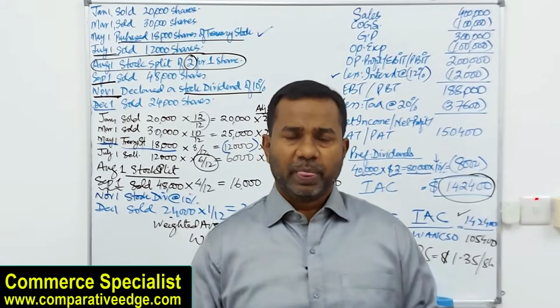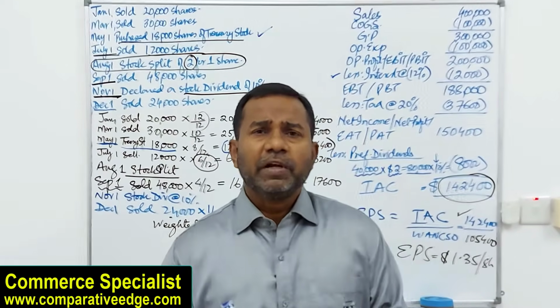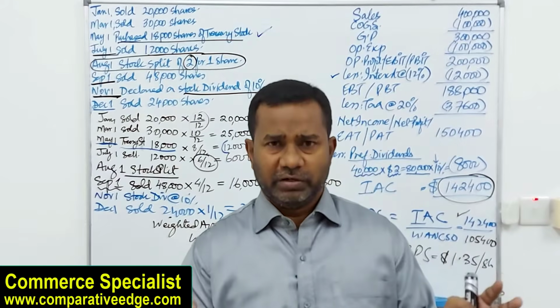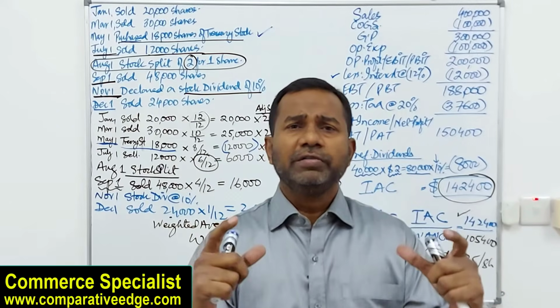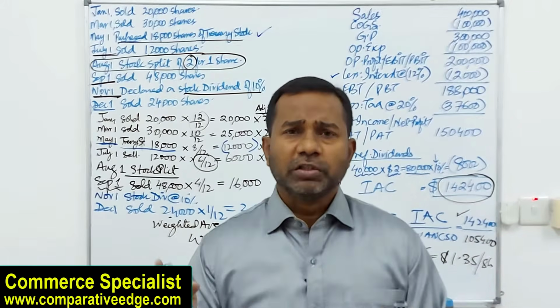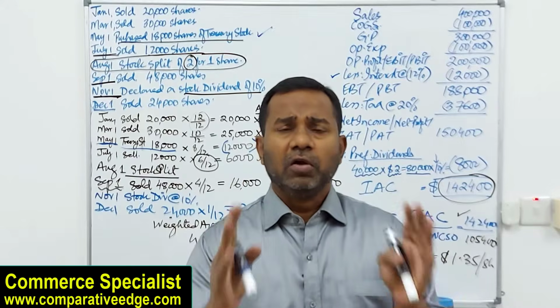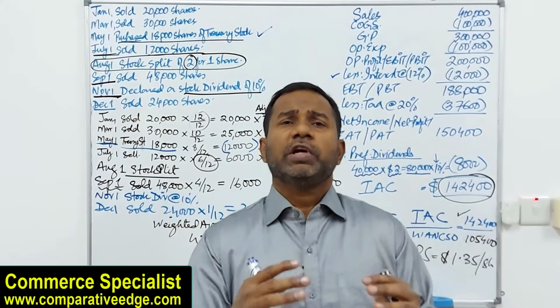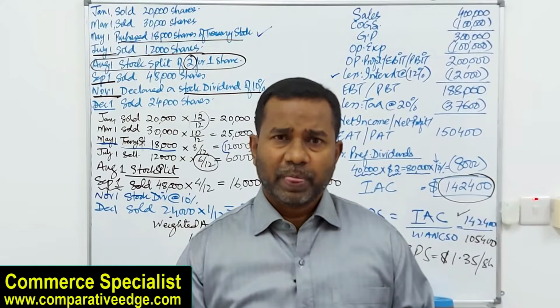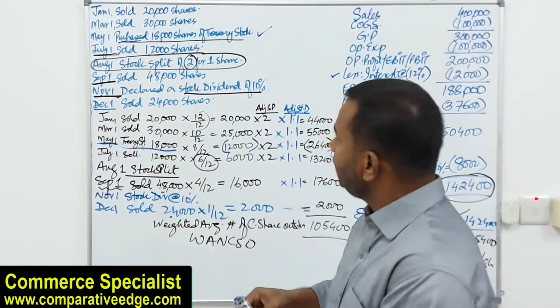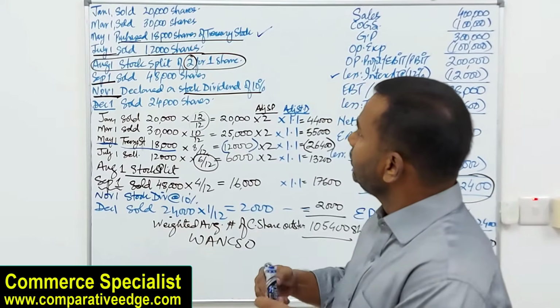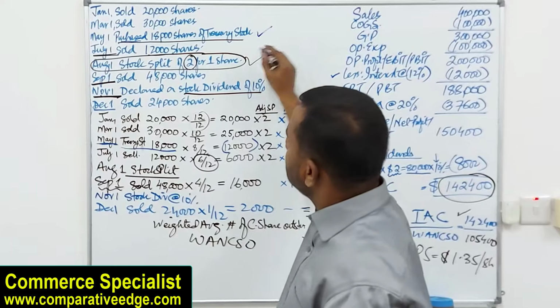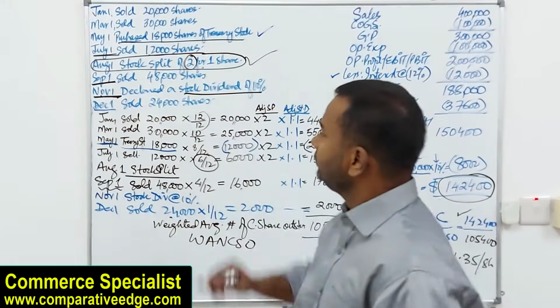Then comes stock split. I told you already, stock split means dividing your existing number of shares. If I have one share of $10, a 4-for-1 stock split would mean one share of $10 is now equal to 4 shares of $2.50 each. So it says here, company made a stock split on 1st of August.